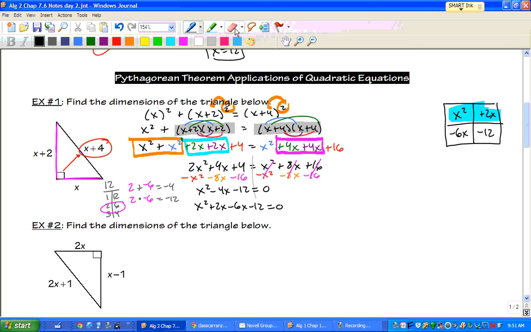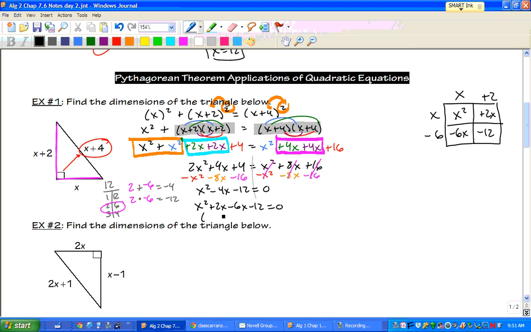Take the GCF of the top, which is x, the GCF of the bottom, which is negative 6, the GCF of the left, which is x, and then the GCF of the right is positive 2.